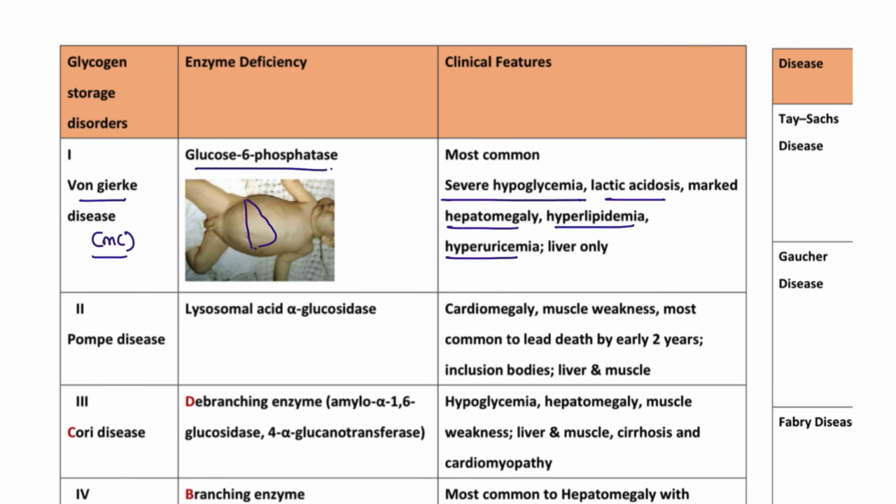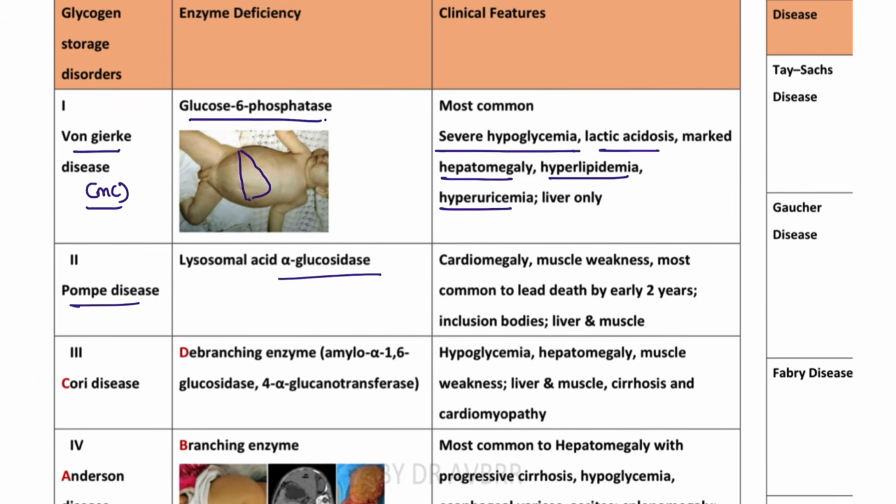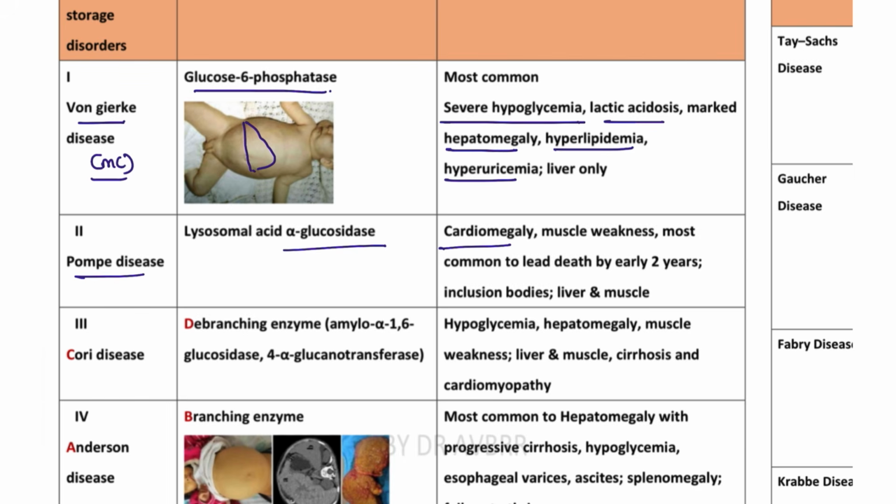Next, Pompe disease, a type of lysosomal storage disorder associated with alpha glucosidase deficiency. In Pompe disease, cardiomegaly and congestive heart failure are seen, and this is the early cause of death in any type of glycogen storage disorder.